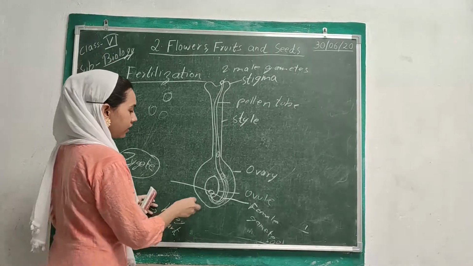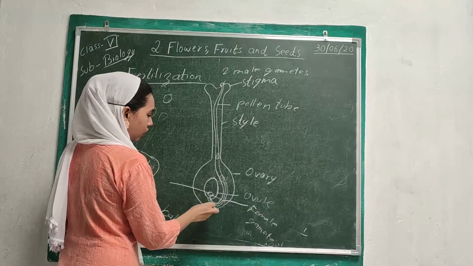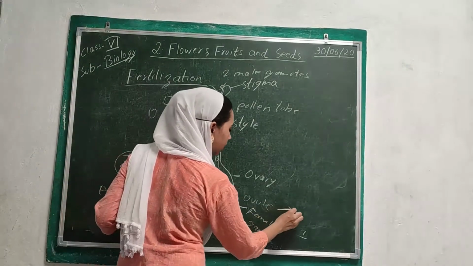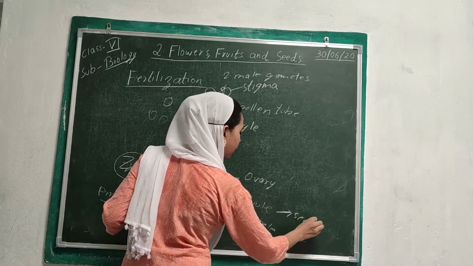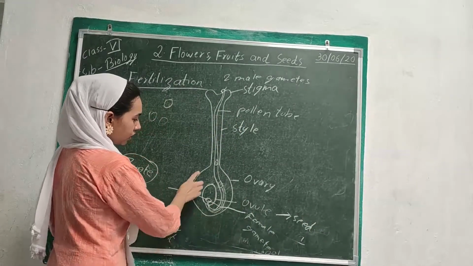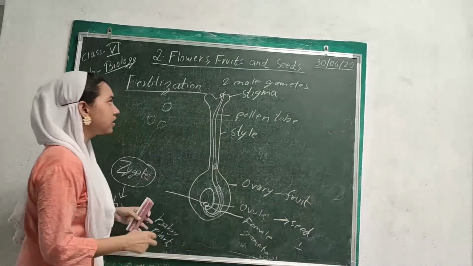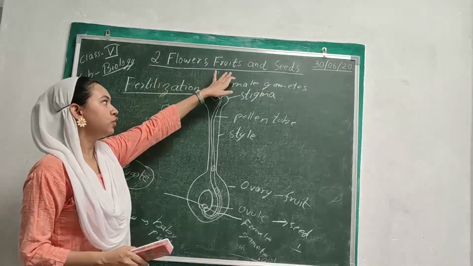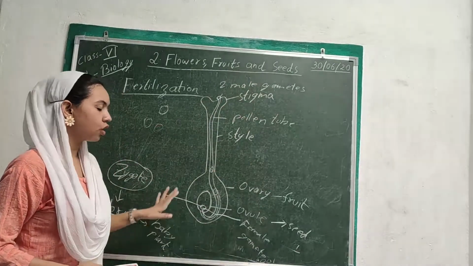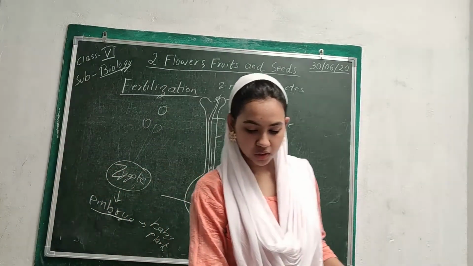Then this ovule will turn into seed after fertilization, and this ovary will turn into the fruit. This is how the flower turns into fruits and seeds. All these changes occur after fertilization.